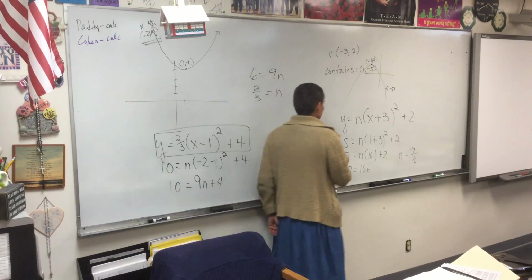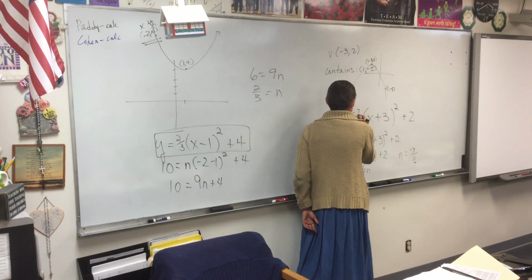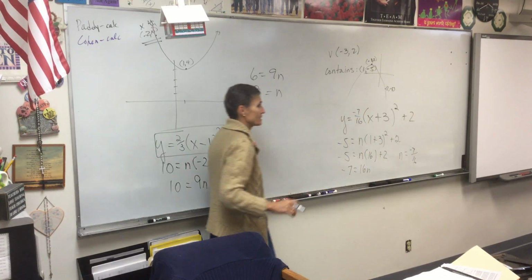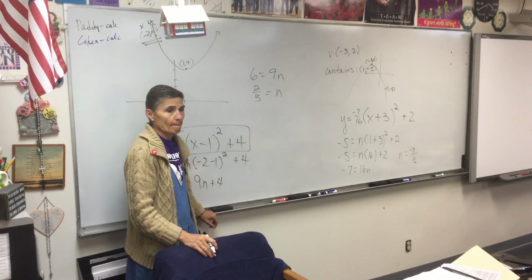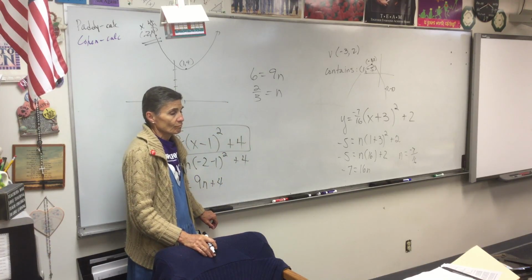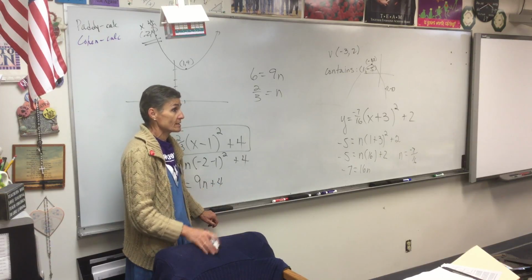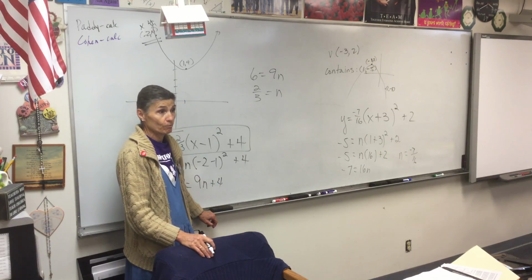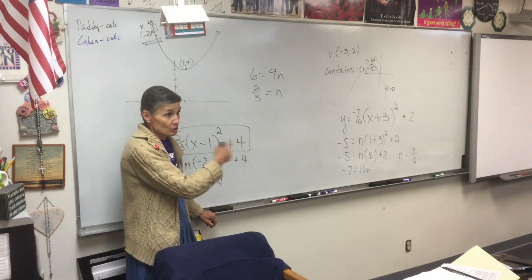So we knew it was going to be negative. Now we know it's -7/16. So when you see this problem on your quiz, and you're on your own, no notes, no friend, you're going to be able to do that.